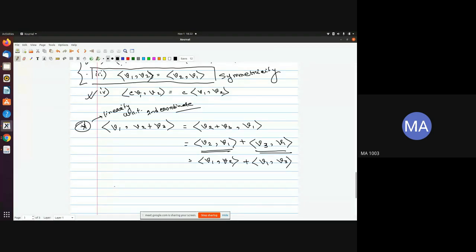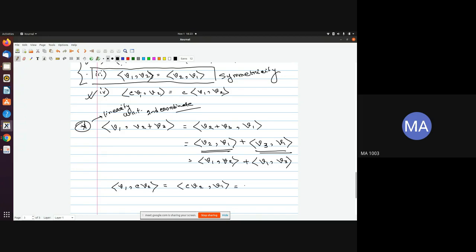It also respects scalar multiplication with respect to the second coordinate. Suppose I have V1 comma CV2. What will I get? CV2 comma V1. Because using the symmetricity, I can write it as CV2 comma V1.